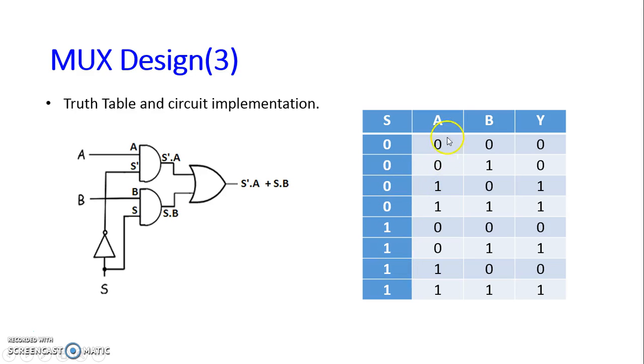When select line is 0, A will be passed here. When select line is 1, B is passed here.